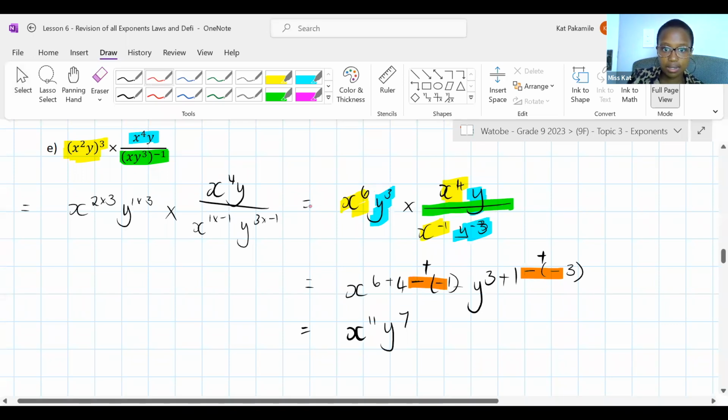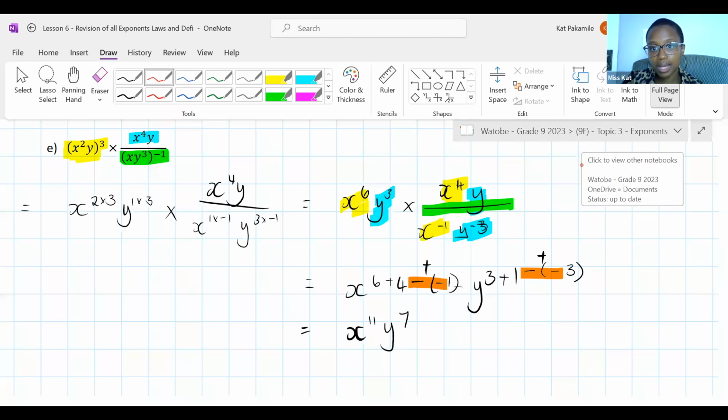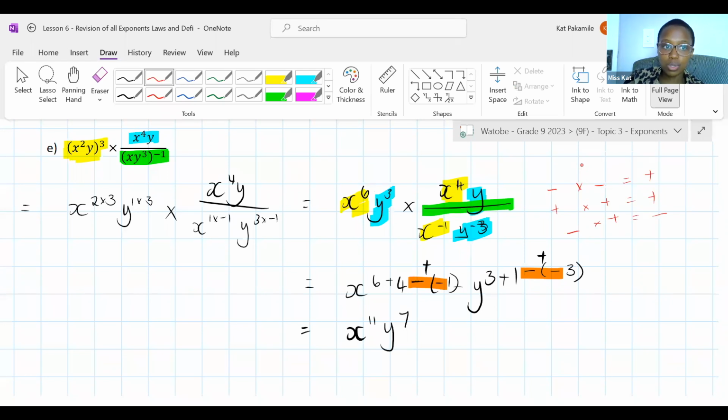So we got 11 by doing what law, to get the positive from negative and negative? This is the laws of exponents. When you multiply two negatives, negative times negative, you get a positive. A positive and a positive is also a positive, but when you have a negative and a positive, you get a negative. So those were the two laws. Okay, thank you, ma'am. I was just trying to understand that.